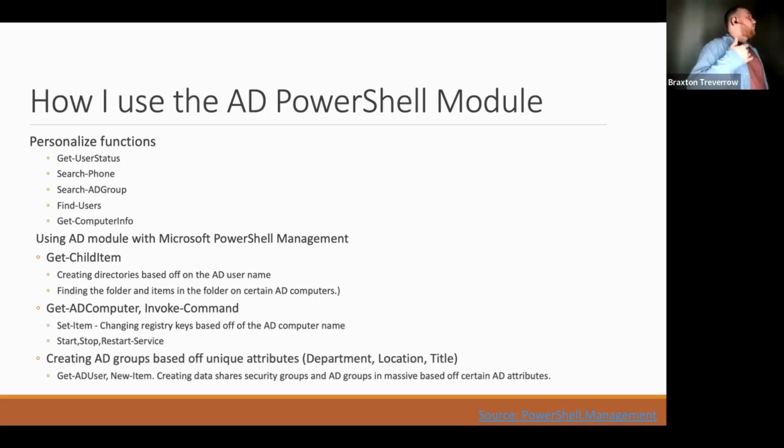Say you want to create directories based off of departments to create department shares. You could do a Get-ADUser -Property Department | Select Department -Unique, and it would grab all of the department attributes.